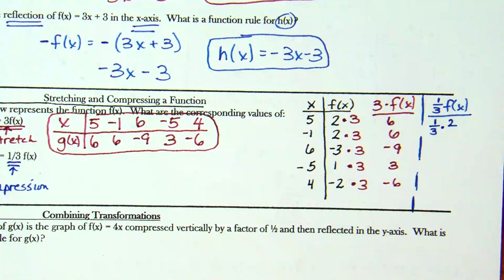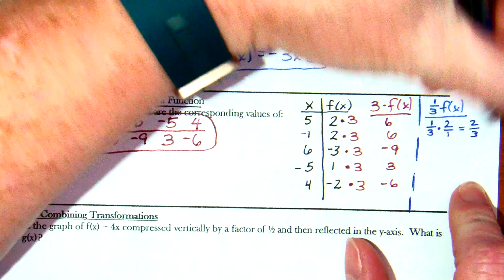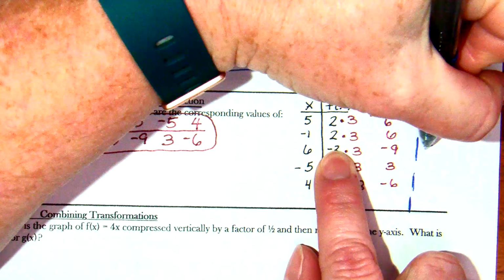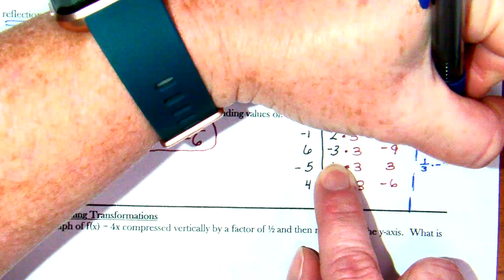Okay. How do we multiply 1/3 times 2? Put it over a 1, and this is going to become what? 2 over 3. The next one was 2 again, right? So 1/3 times 2 is again going to be 2/3. What's the next number? 1/3 of negative 3 is negative 1.